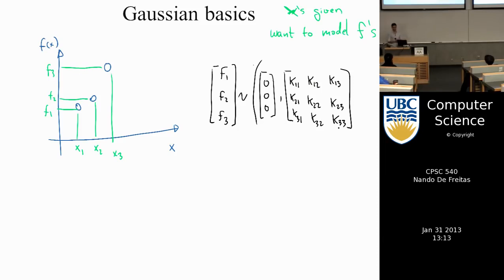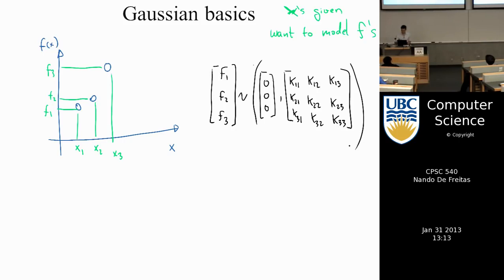Now, the covariance captures the correlation between those 3 points. If you look at those points, x1 and x2 should be somewhat more correlated because they're nearby than x1 and x3.